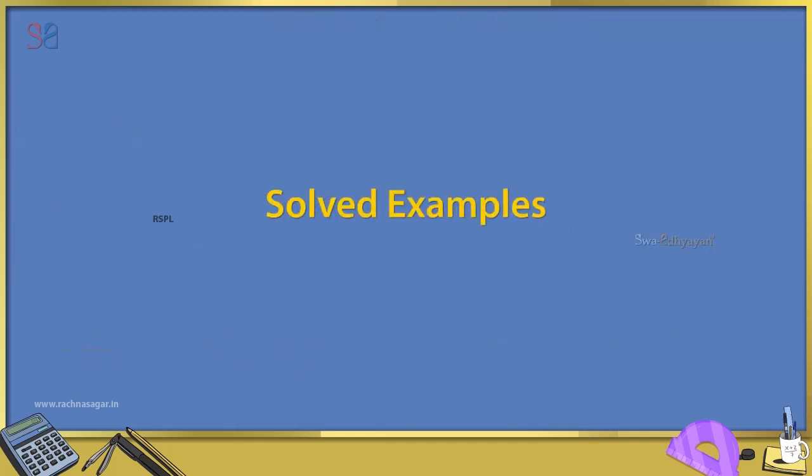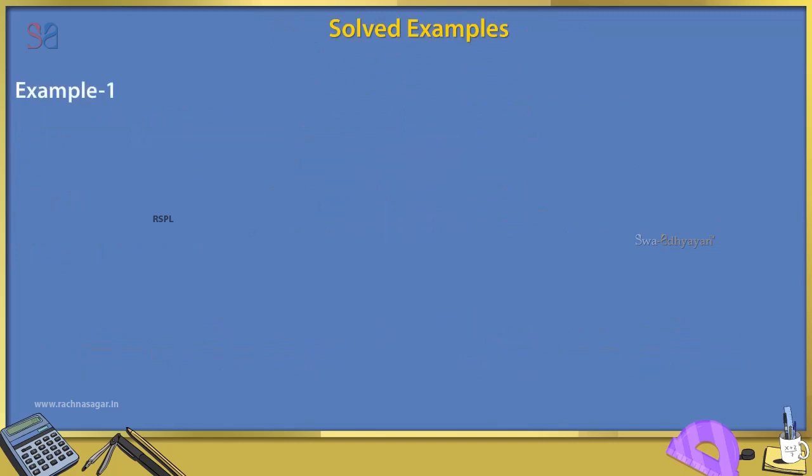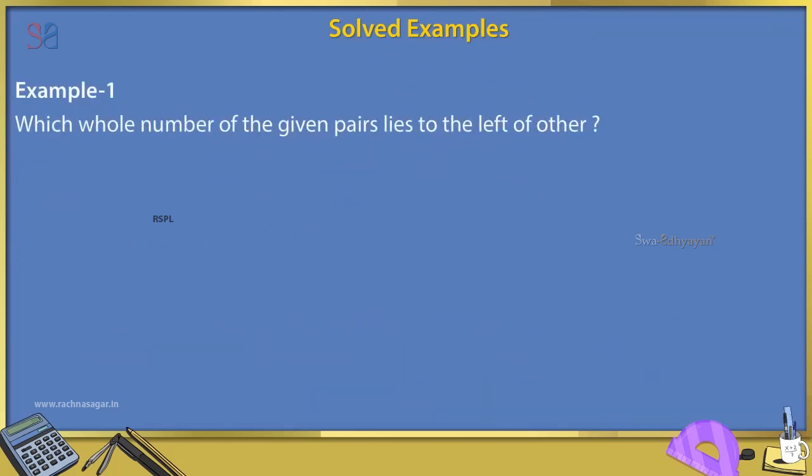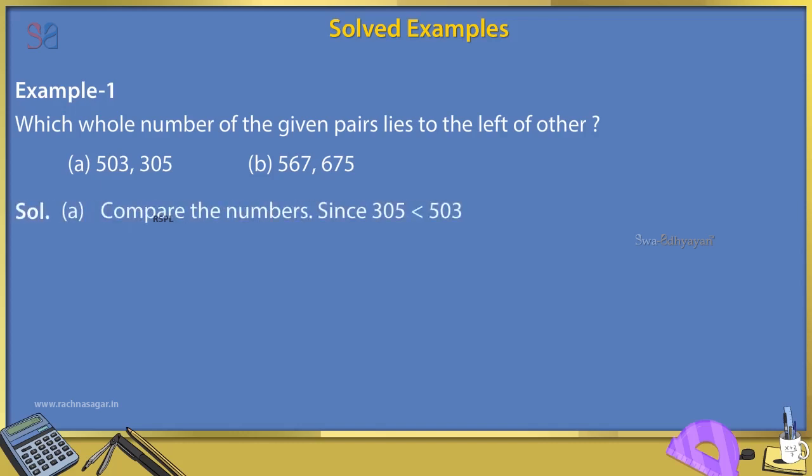Solved examples. Example 1. Which whole number of the given pairs lies to the left of the other? A. 503, 305. B. 567, 675. Solution. A. Compare the numbers.